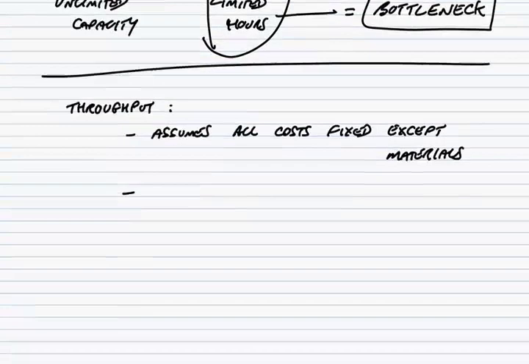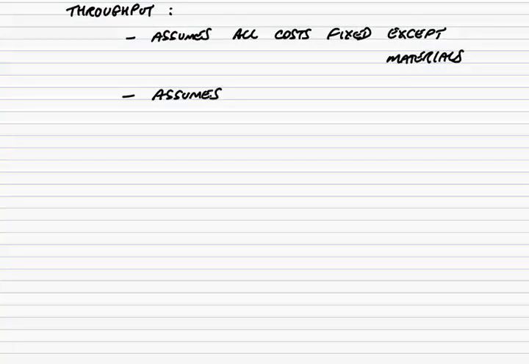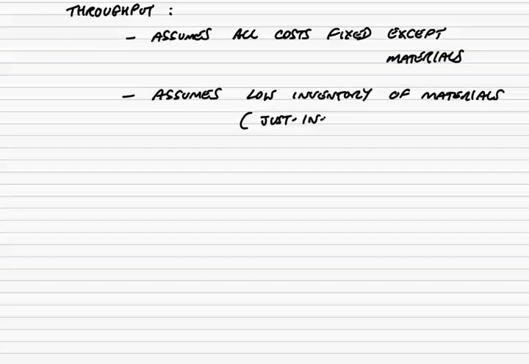The second assumption is that for materials to be truly variable, it does assume that we've got low inventory levels. In a perfect world, zero inventory. Or, of course, that we're using just-in-time philosophy or approach.